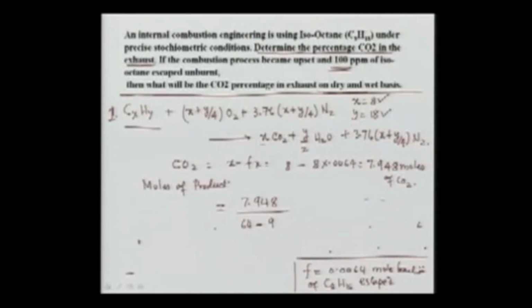Y by 2, Y was 18, Y by 2 is 9, so that thing comes out to be around 14.44 percent. That is CO2 in exhaust on dry basis.